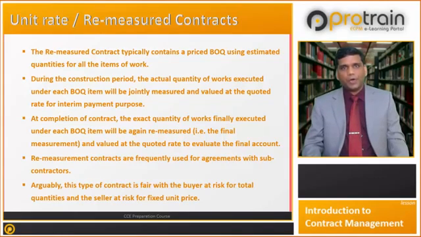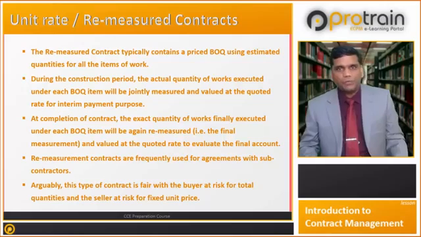The remeasured contract typically contains a priced BOQ using estimated quantities for all the items of work. During the construction period, the actual quantity of works executed under each BOQ item will be jointly measured and valued at the quoted rate for interim payment purpose.